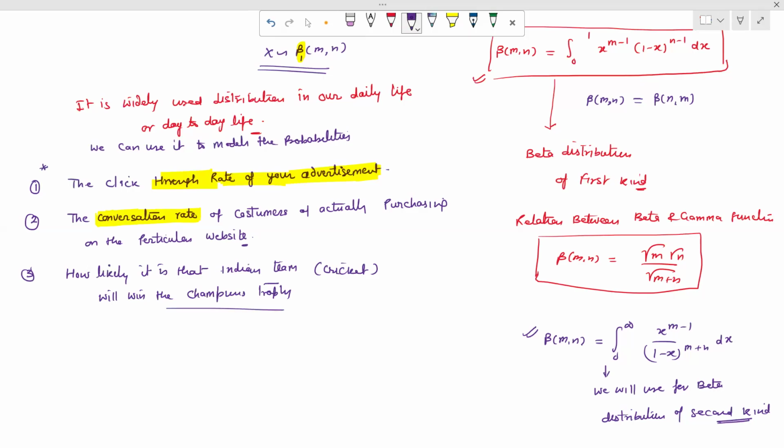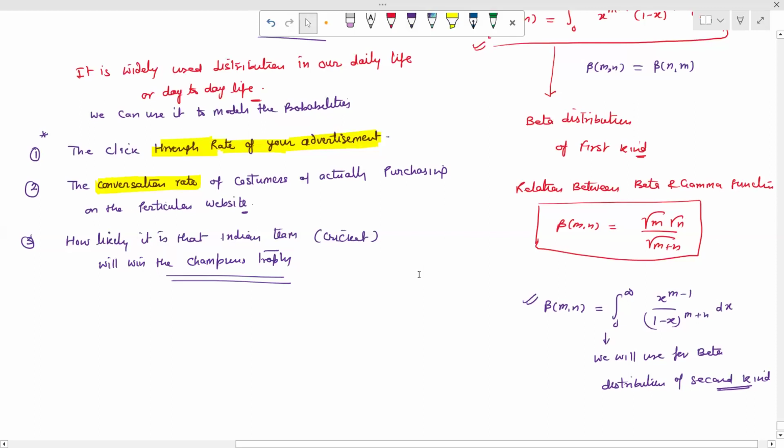So what are the chances? So we can predict, that means with this, we can talk about any particular leader. The particular leader will win the election. So what are the chances? So we can calculate by using beta distribution.